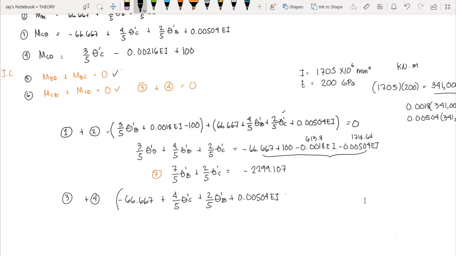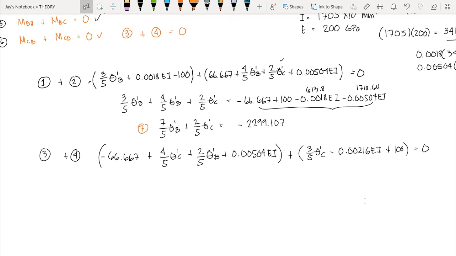This is our MCB plus our MCD, where MCD is 3 over 5 theta prime C minus 0.00216 EI plus 100, and this equals 0.